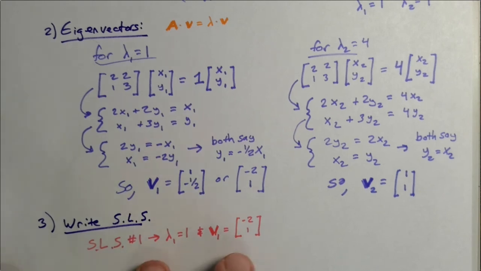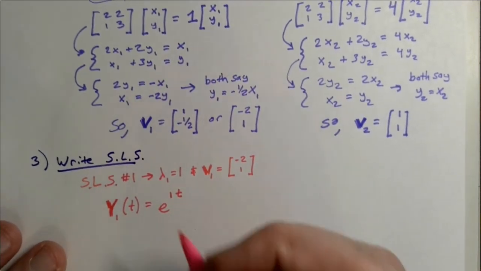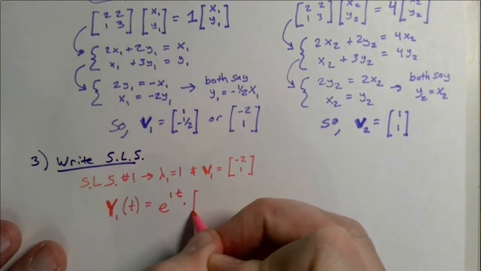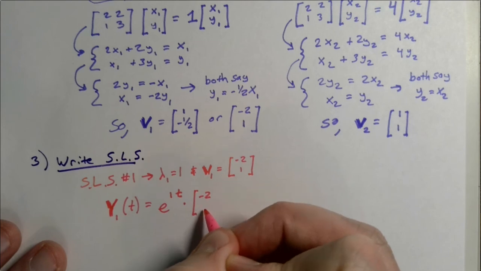And so writing the straight line solution, if you remember, all straight line solutions are of the form y equals, and so this is going to be y1 of t equals, there's no constant in front of it, it's just e to the power lambda times t, so e to the 1t, times my eigenvector that's associated, so -2, 1.